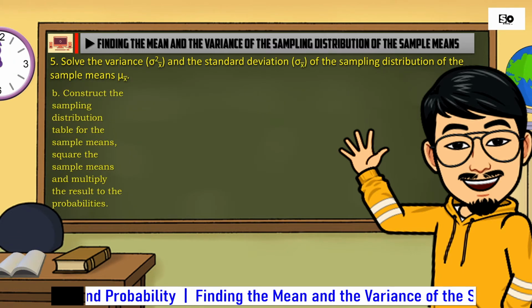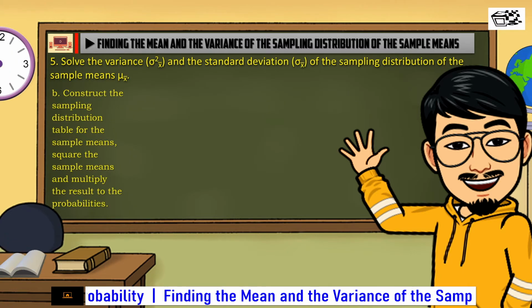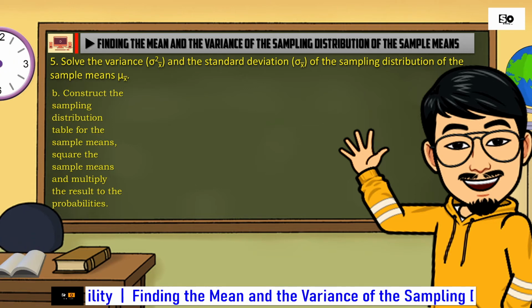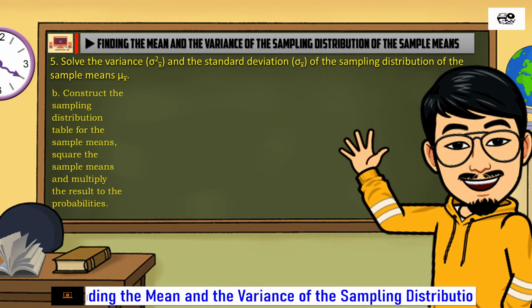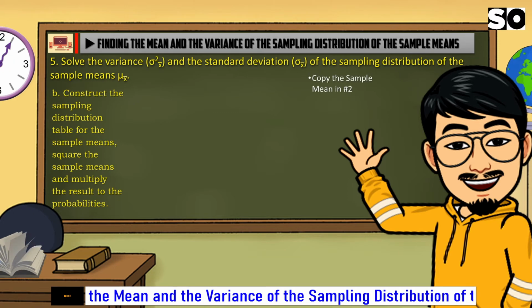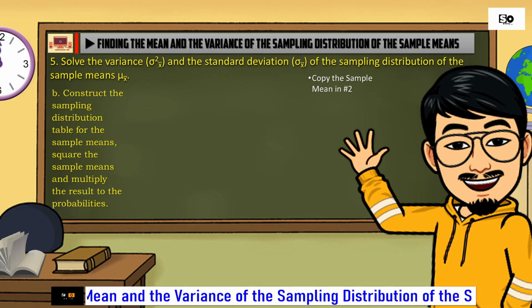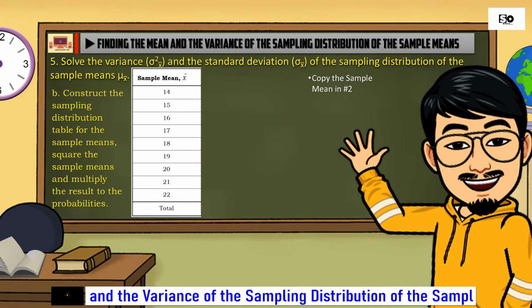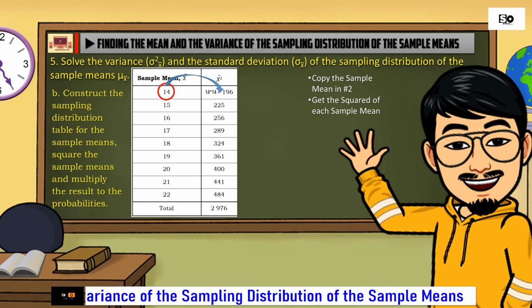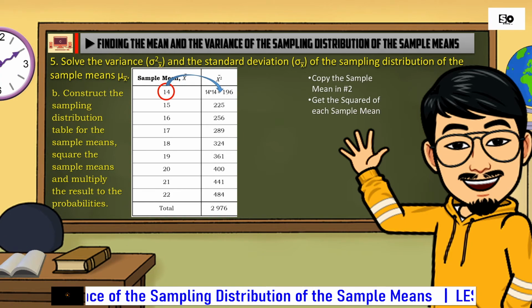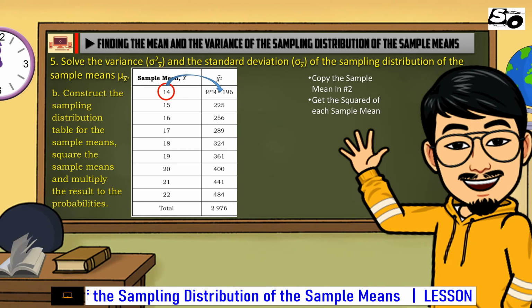Letter B is to construct the sampling distribution table for the sample means. Square the sample means and multiply the result to the probabilities. Step 1 is to copy the sample mean in number 2. Step 2. Get the square of each sample mean. In our example, we have 14 times 14 is equal to 196.